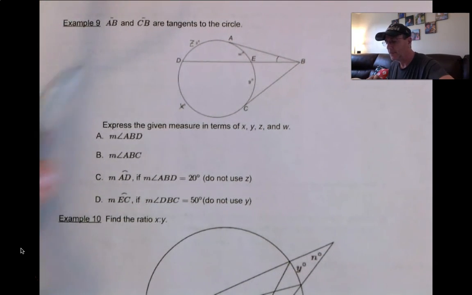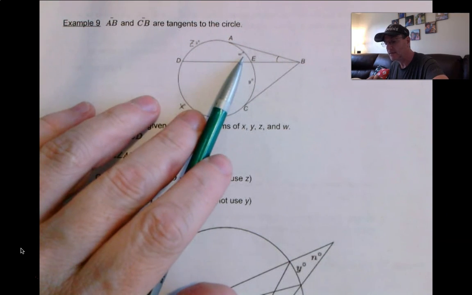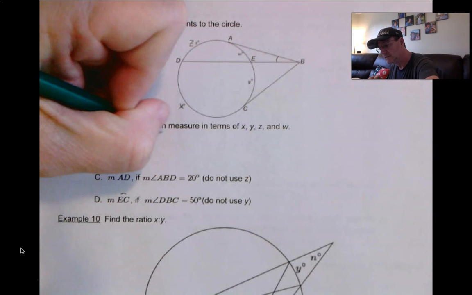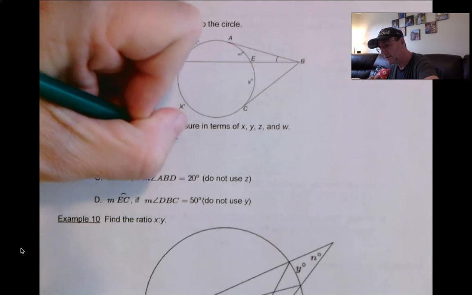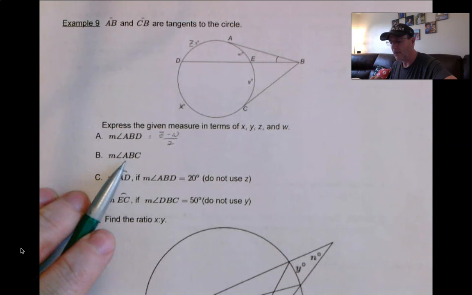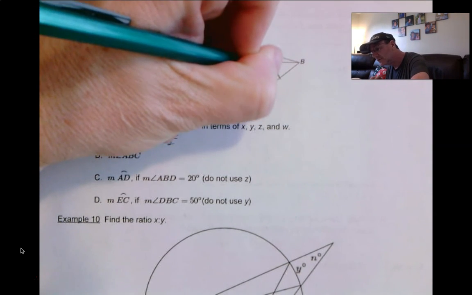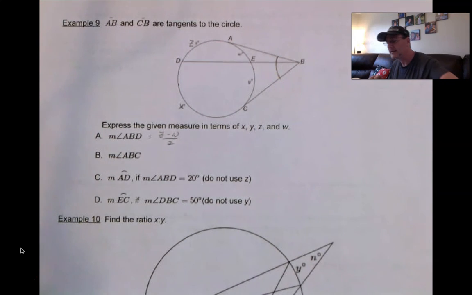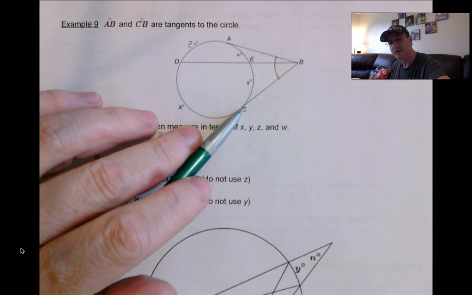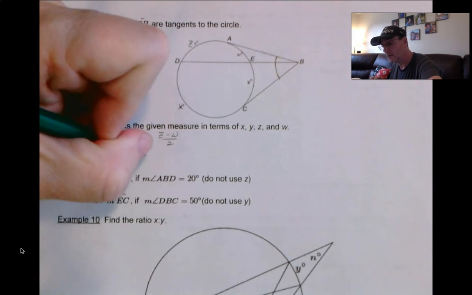All right, so if this is Z and this is W, it's Z minus W divided by 2 is equal to this angle. Angle ABC is this angle here. This angle is equal to this arc subtracted from 180, which we have in our book.